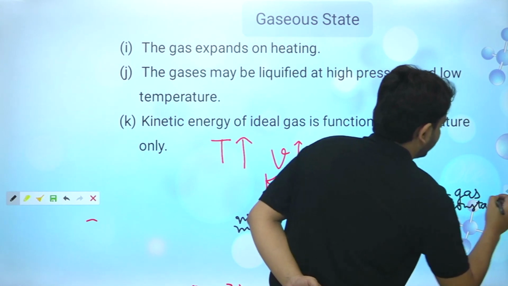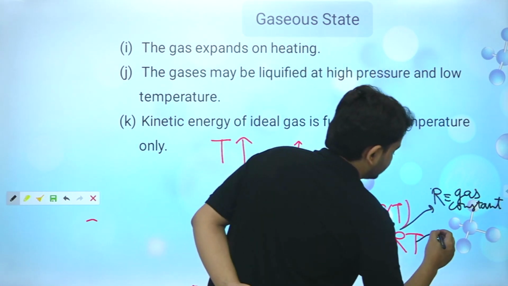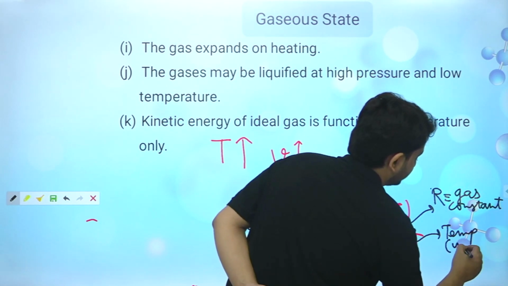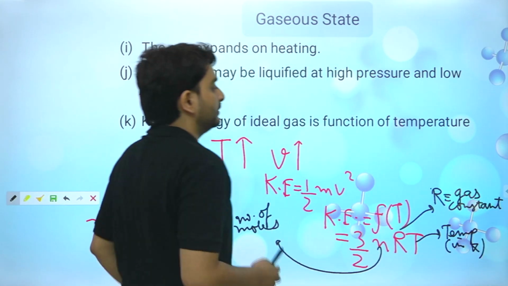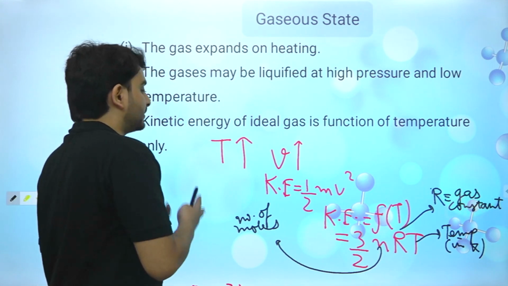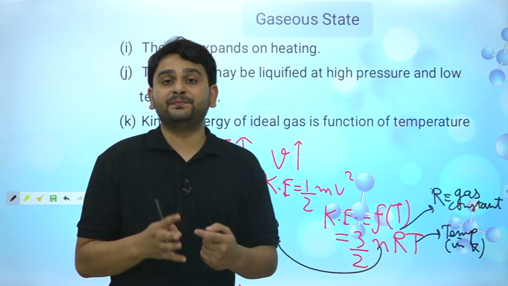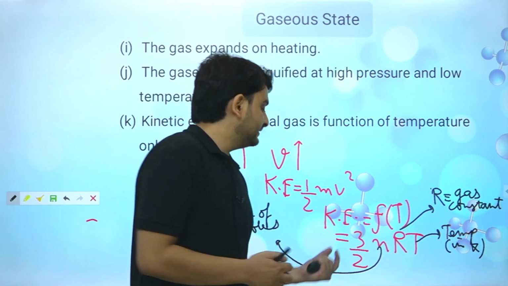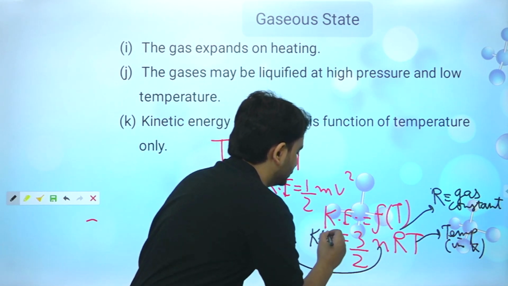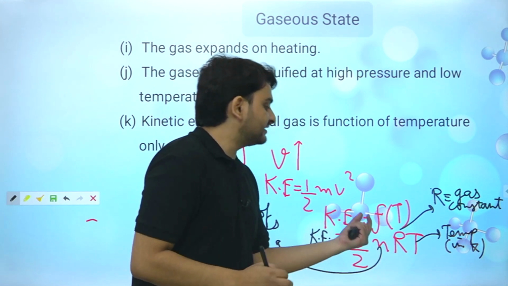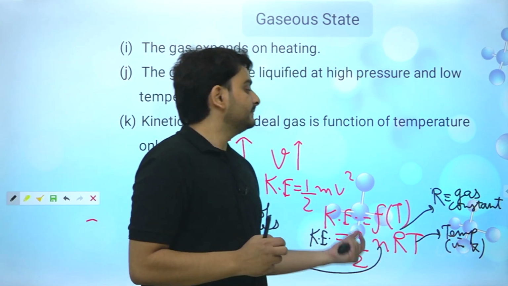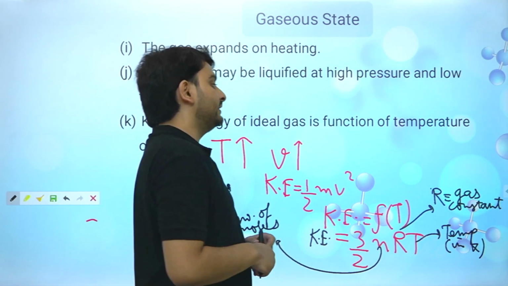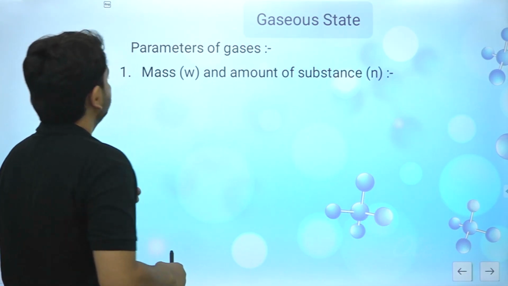I'll talk about the values of R soon. I hope you've understood how kinetic energy is a function of temperature only, and it follows this formula: kinetic energy is 3/2 nRT, where n is the number of moles, R is the gas constant, and T is the temperature in Kelvin. All right, I'll move on.